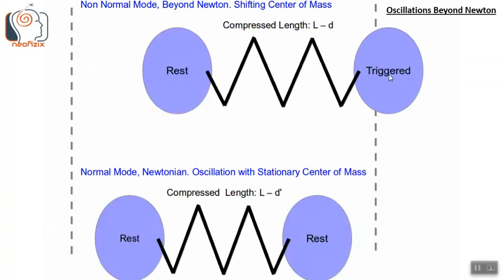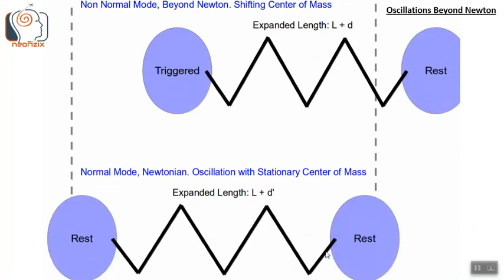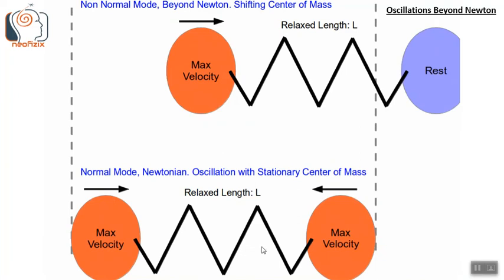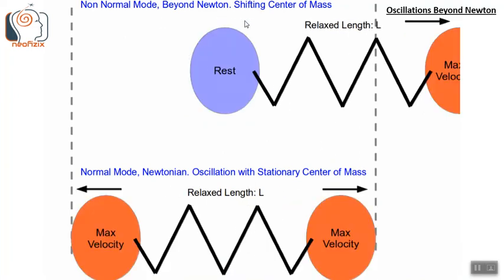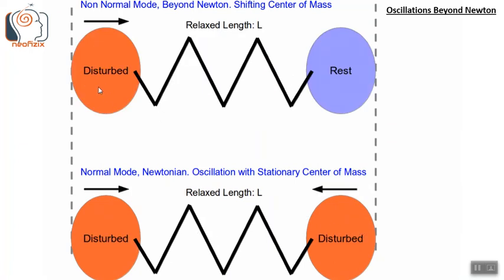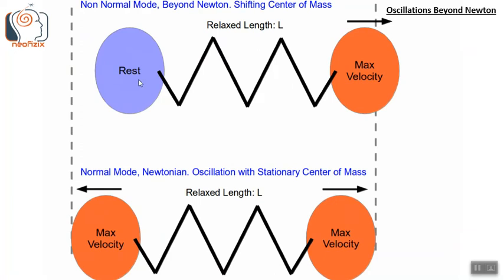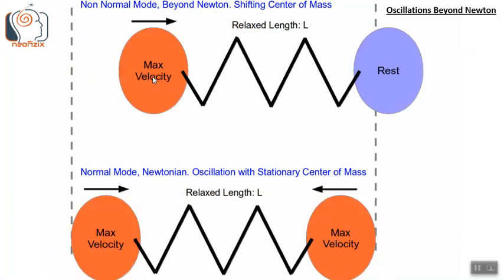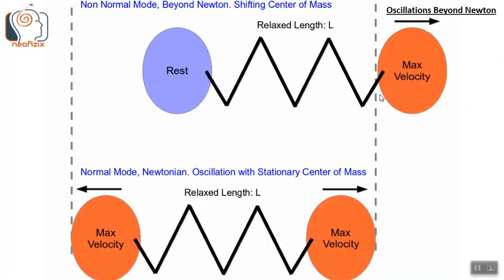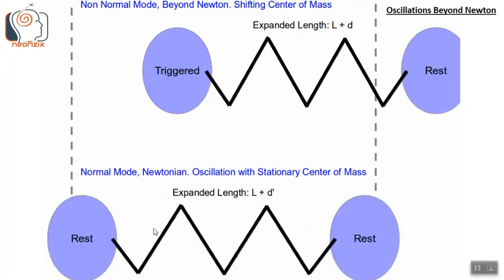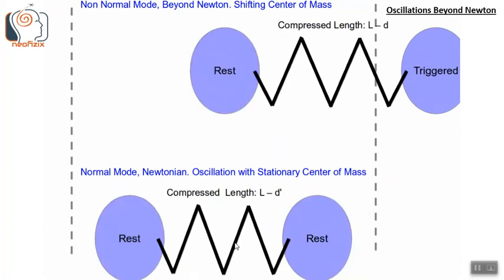So this is an animated version of the comparison between a non-normal mode and the normal mode one spring two mass system. On top is the non-normal mode, and we see that the energy moves back and forth between the first mass and the second mass. It keeps exchanging energy and momentum between the first mass and the second mass. At the bottom we see the normal mode. There is no transfer of energy between masses.